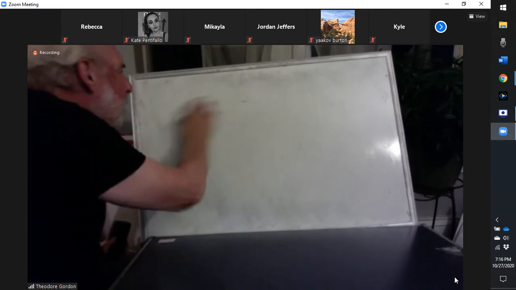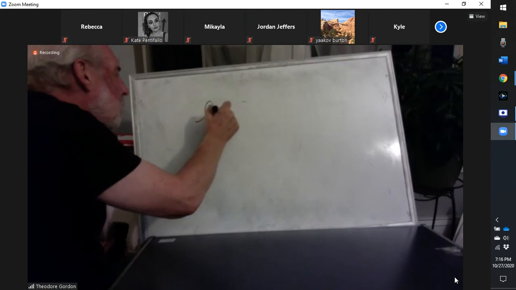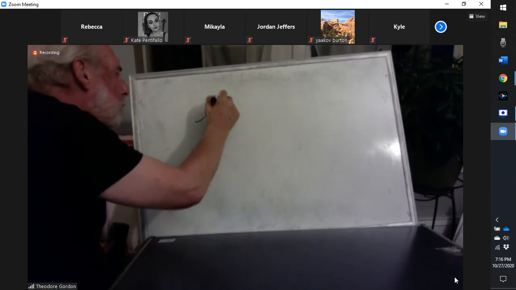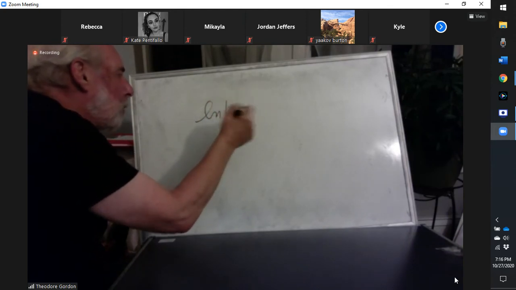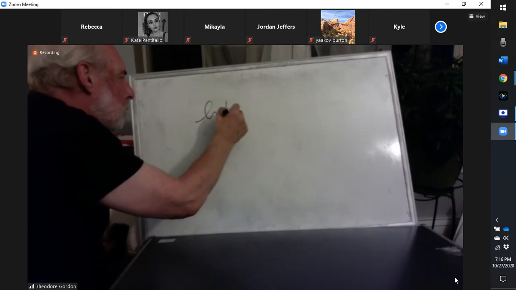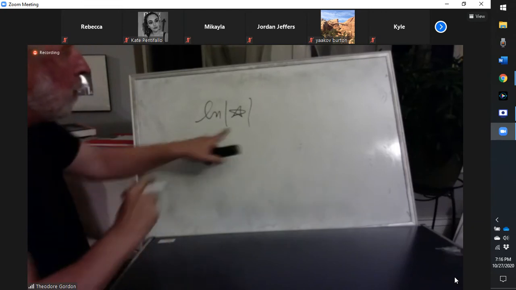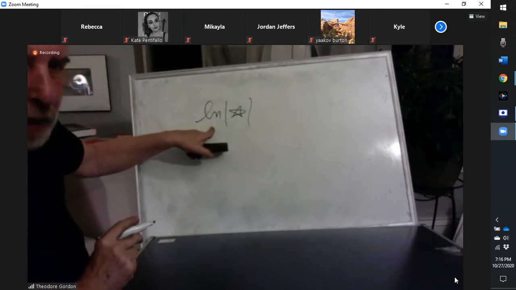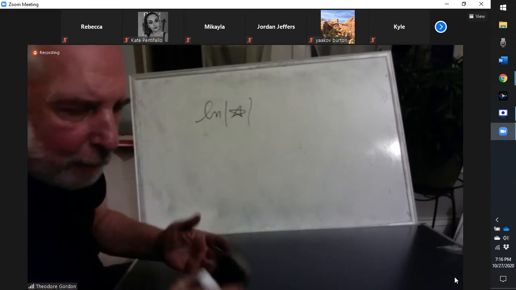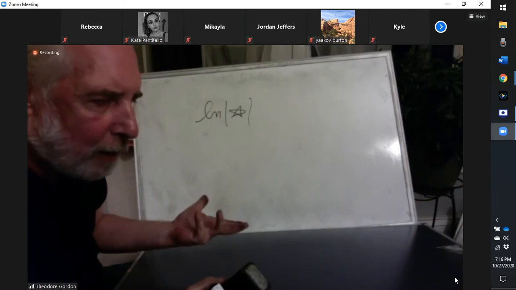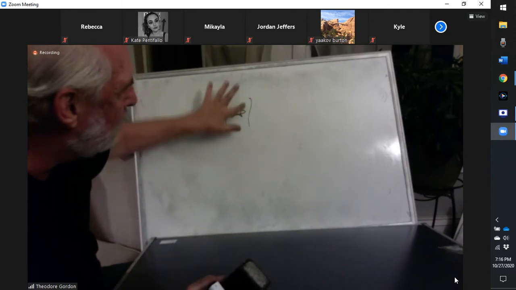So if you have the ln of something, just call it an ln of a star, right? This is called the argument of that. So when you have a sine of something, a cosine of something, an ln of something, these are called the arguments.